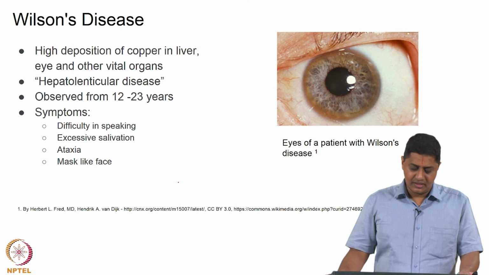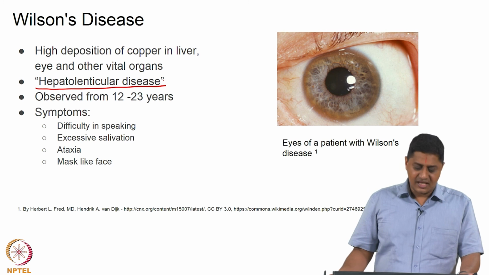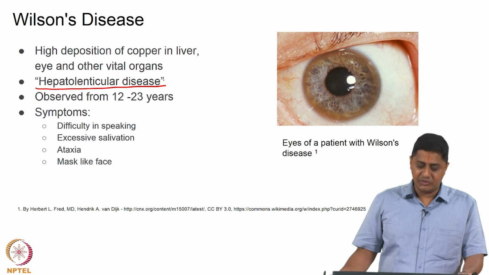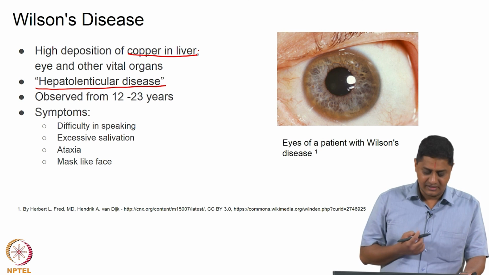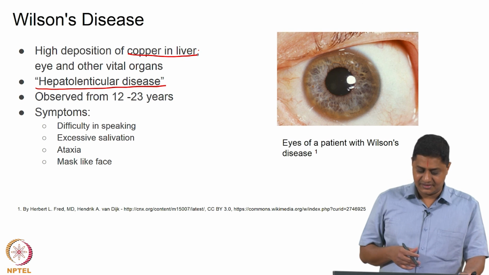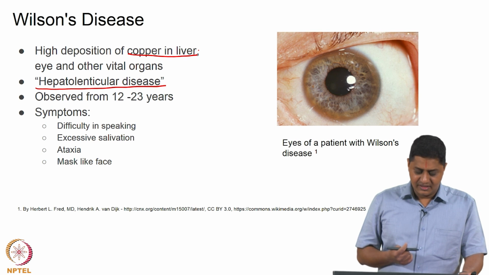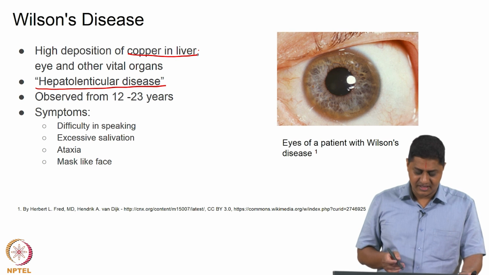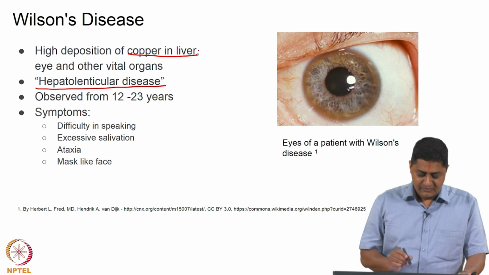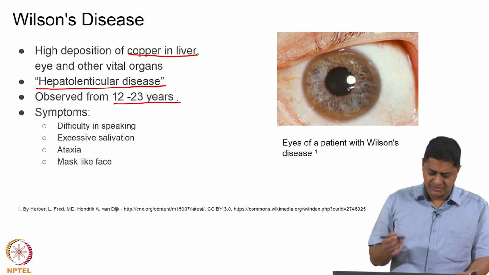Then the so called hepatolenticular disease or Wilson's disease. This happens due to high deposition of copper in the liver. Hepato means liver related, lenticular means basal ganglia related. This unwanted high deposition of copper actually leads to a situation where the lenticular nucleus and its performance is affected. Usually the age of occurrence is between 12 and 23 years. What are the symptoms?